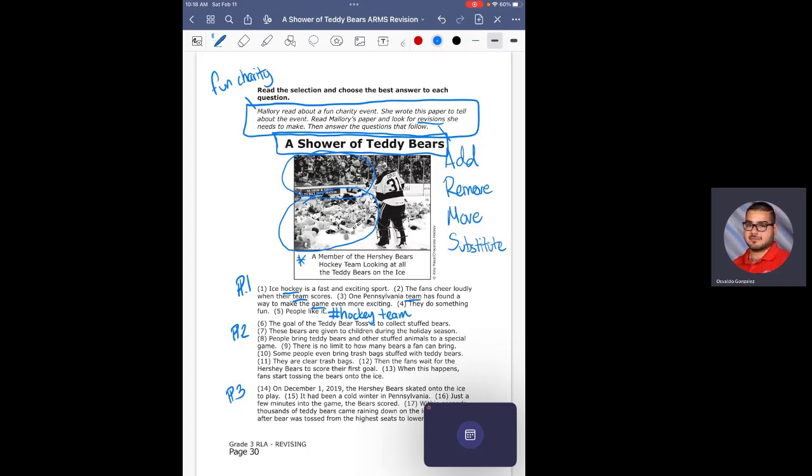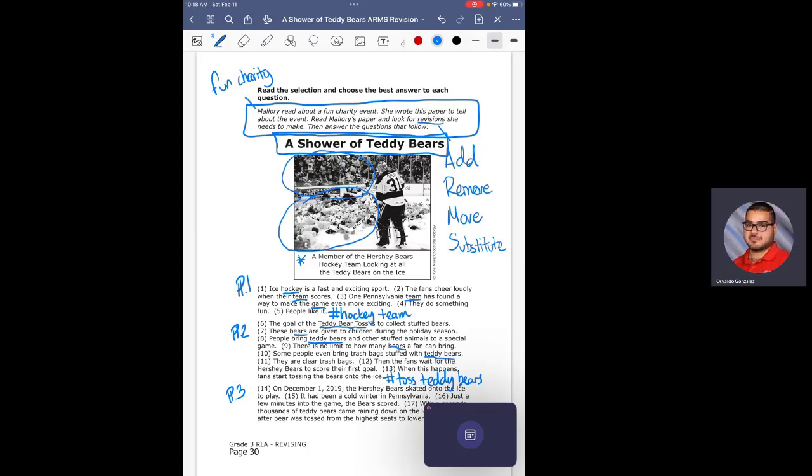So now, this paragraph answered the question that I asked in paragraph 1. Well, what is that fun thing that this hockey team does? What they do is they toss teddy bears. And this idea, teddy bear toss, bears, is repeated across the paragraph.